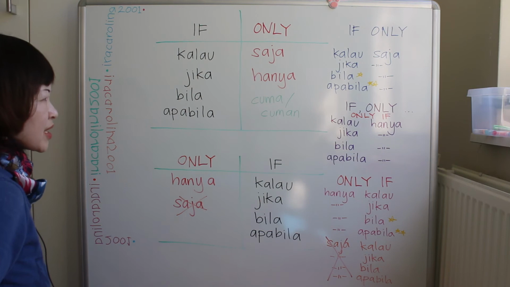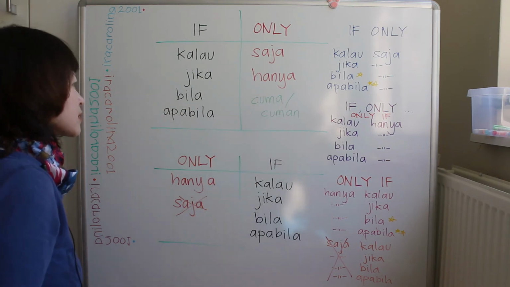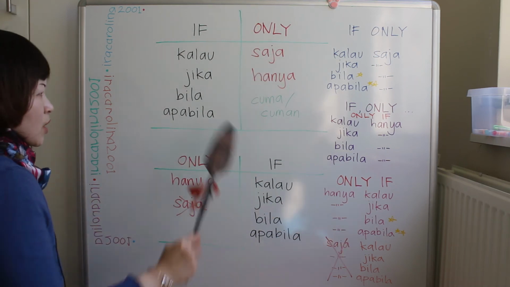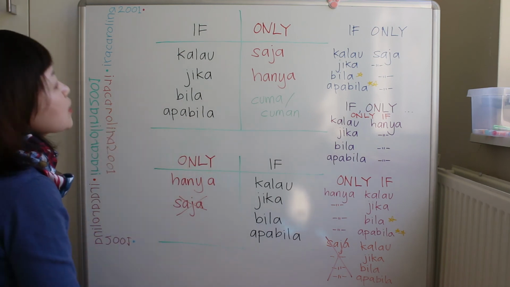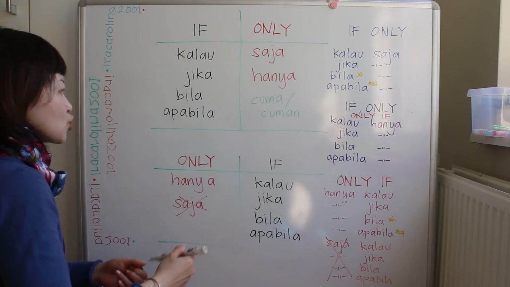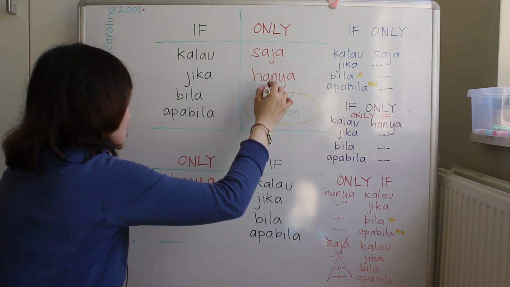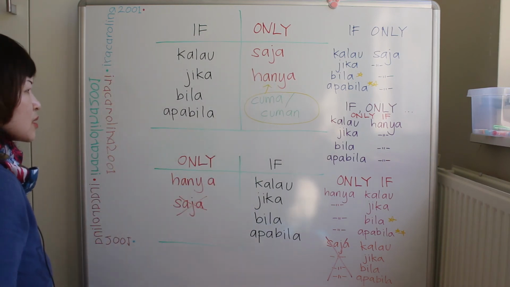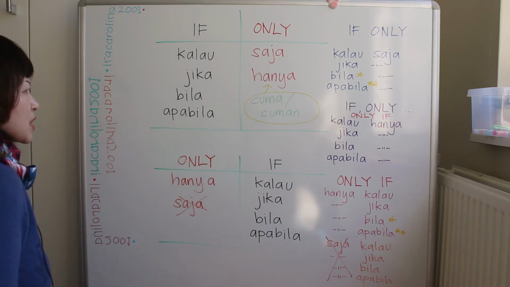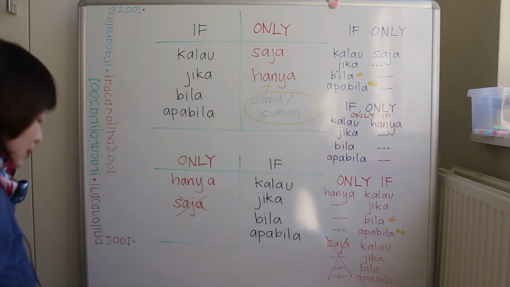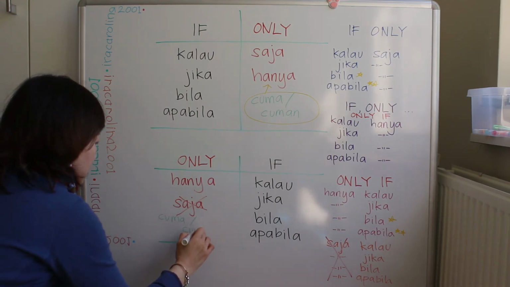Sometimes, there's a possibility you will hear these words, slang or informal, casual, to say only. We use cuma or cuman. Casual one, informal, slang. And this cuma or cuman are replacing this word. These words are not replacing this, but this word only replaces this word. That's why you will find it also here in daily life, maybe.